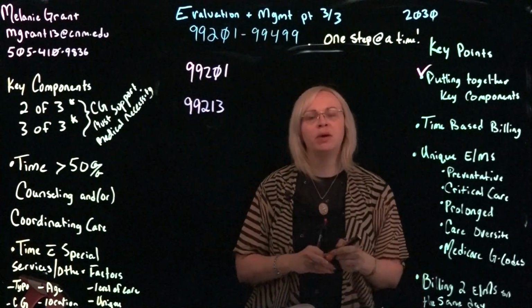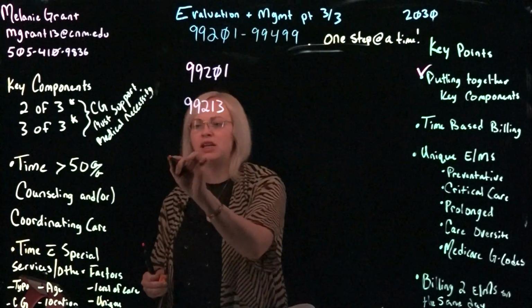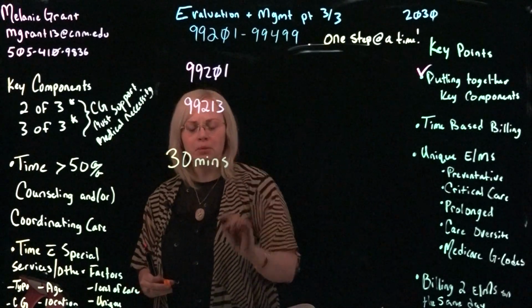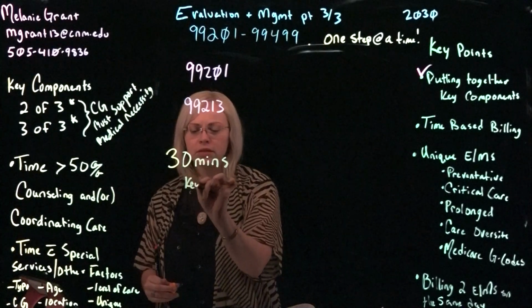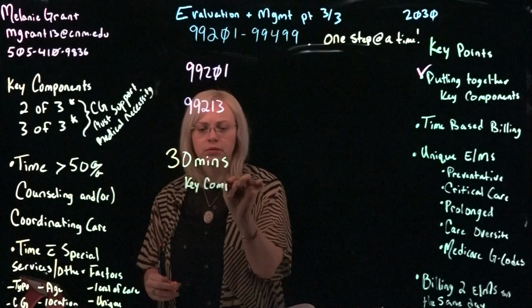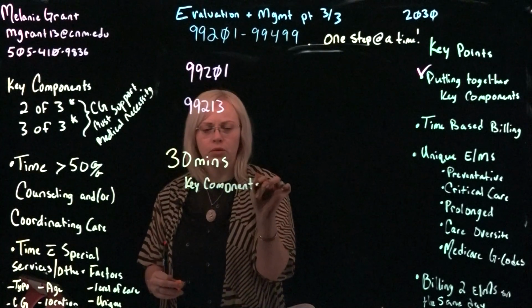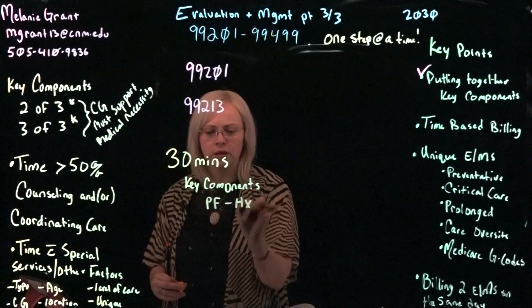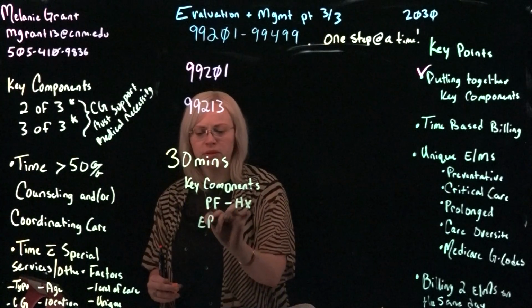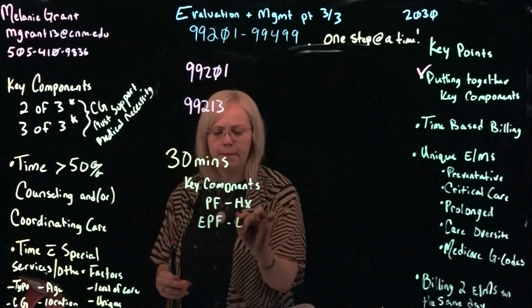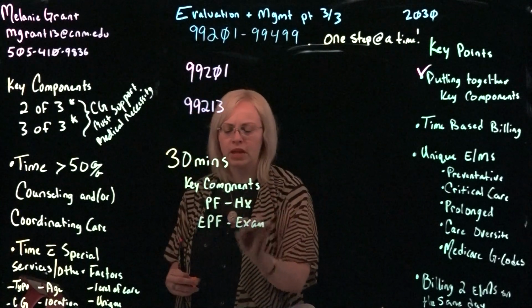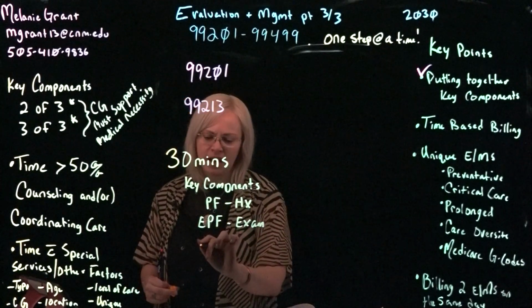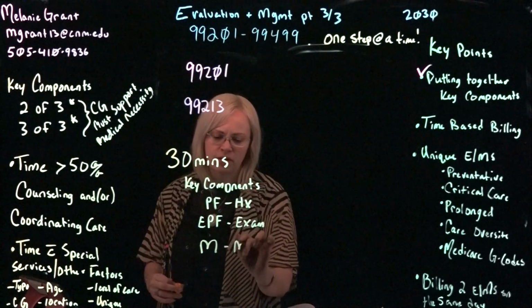Let's say that we have a patient who spent 30 minutes with the provider, but their key components were problem-focused history, an expanded problem-focused exam, and because they were a complicated case, they had a moderate medical decision-making.